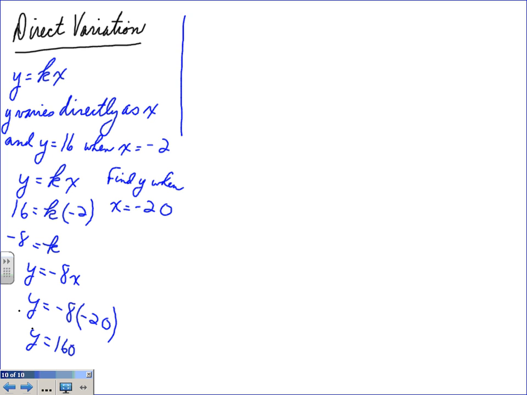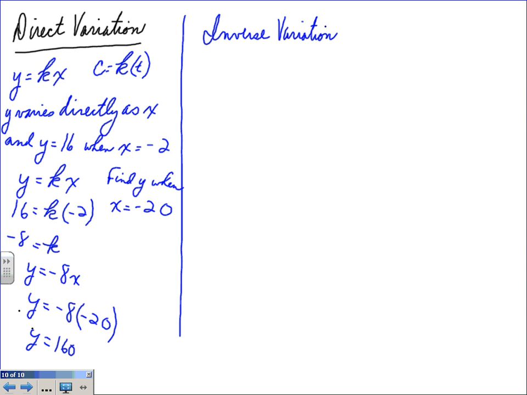Right? Direct variation. Now we have inverse variation. Direct variation: the number of chirps that a cricket makes varies directly as the temperature, T. Now we can go out and test that.